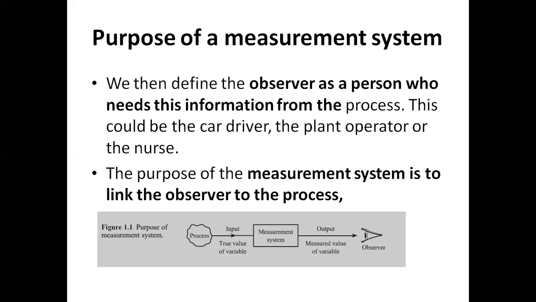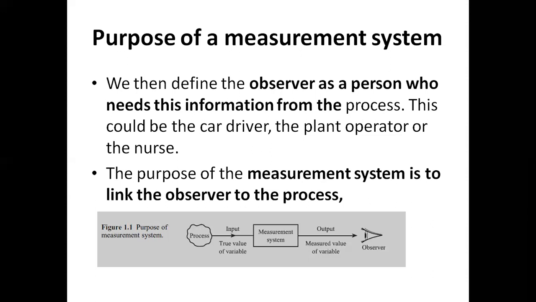You see, the process provides us with the input to the measurement system. The process produces the input to the measurement system. And this input is actually the true value of the variable being measured. It's what we are looking for, the true value of the information.